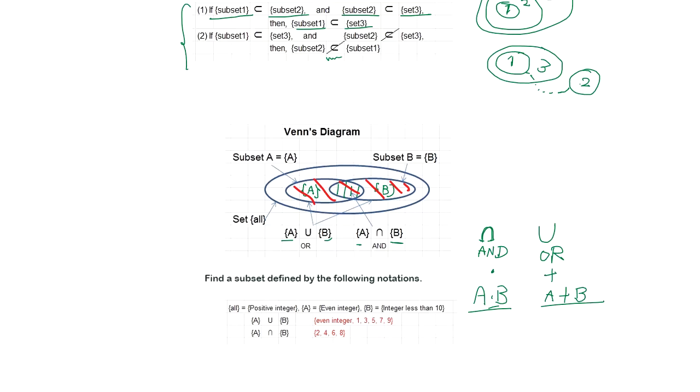Find the subset defined by the following notation. A is even integer, B is integer less than 10. So even integer and less than 10. If it's union, 1, 3, 6, 7, 9 has to be added, right?